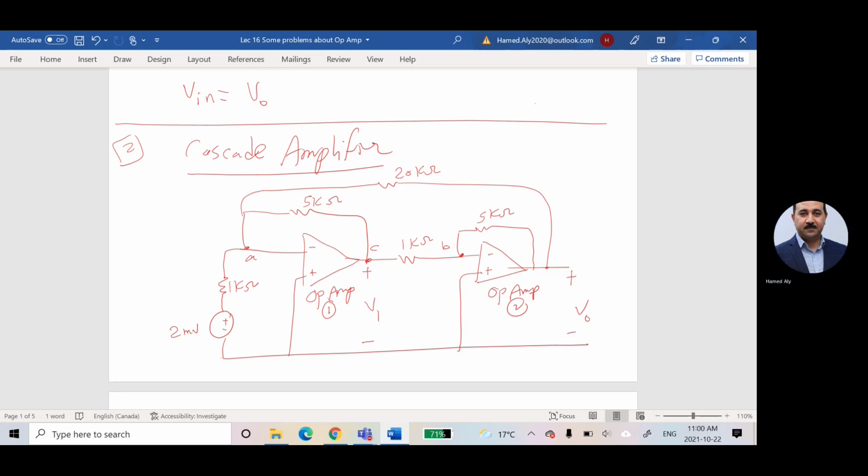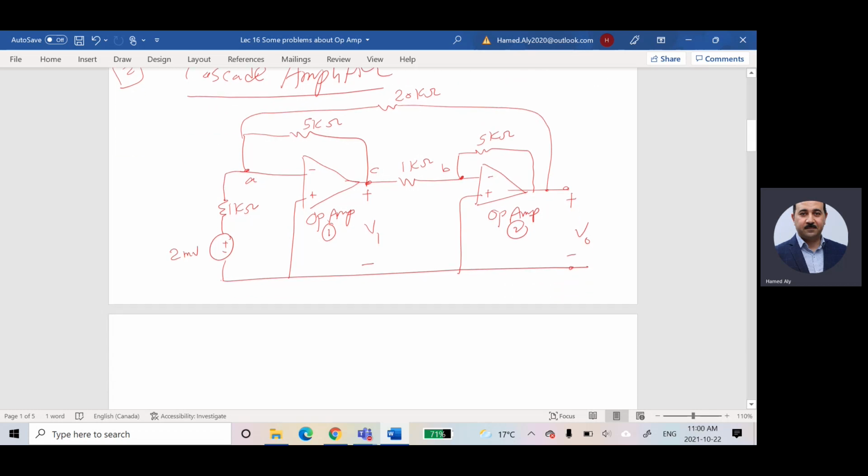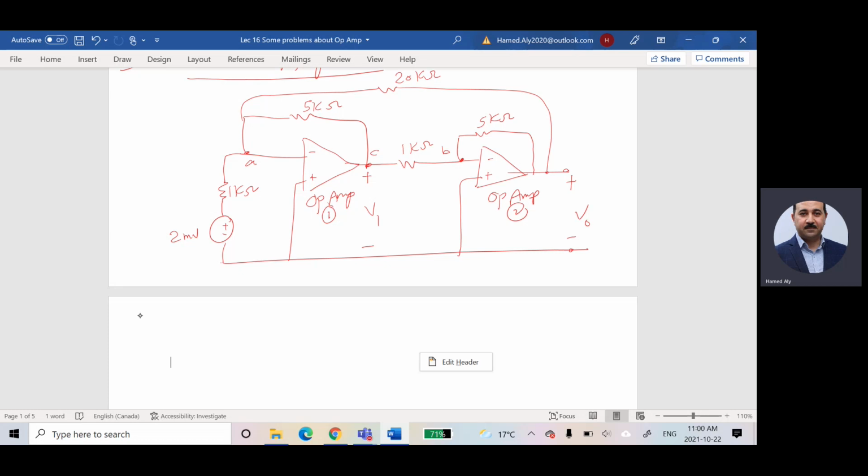So the first thing, I would like to calculate the voltage between these 2 points, and the current output here. So let us deal with this as a problem, and I would like to calculate VO.